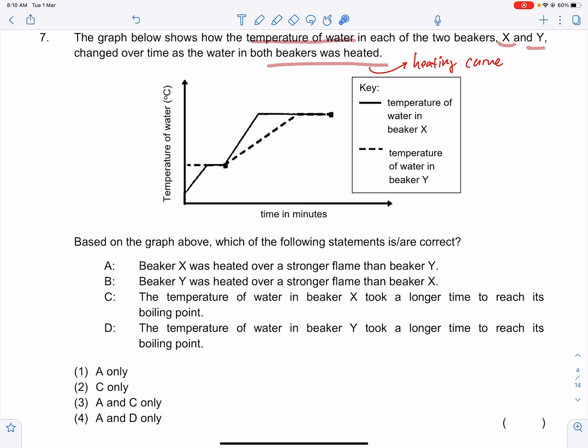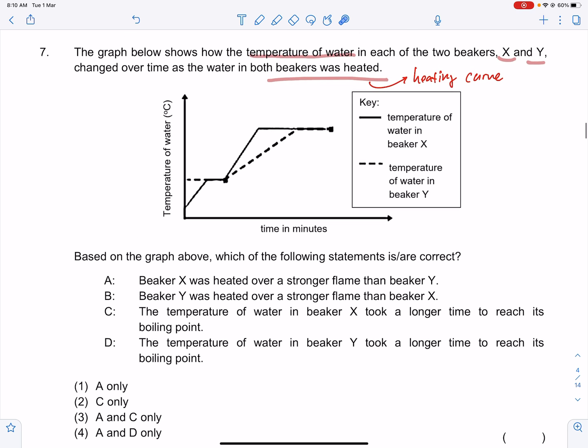Beaker X was heated over a stronger flame than beaker Y. So let's take a look. So beaker X is the one with the dark line. Okay.